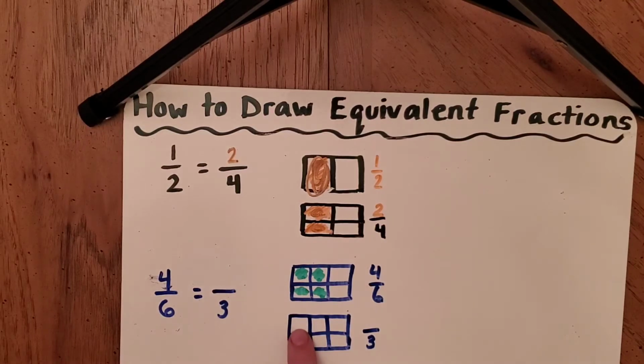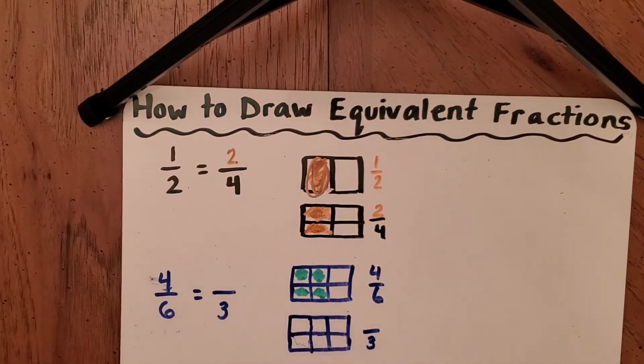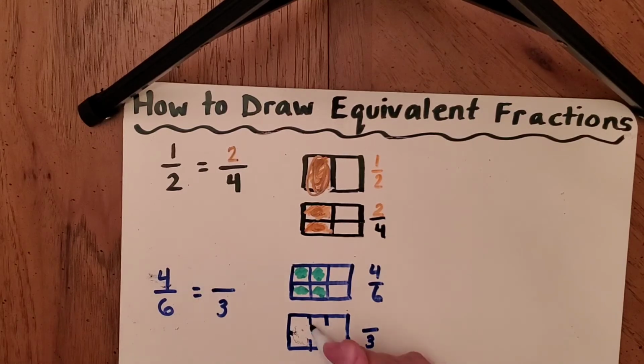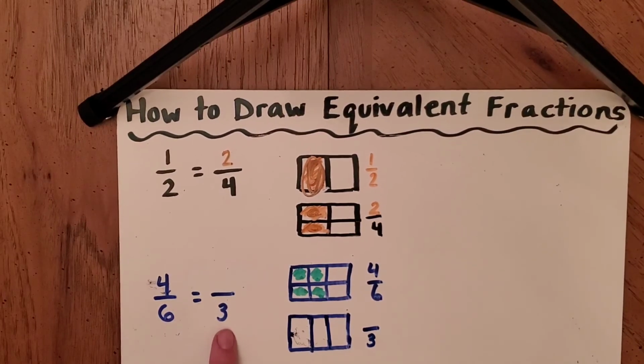parts? Well, if I take away this one, I don't have 3 equal parts. If I take away this one, I still don't have equal parts. So I kind of have to just play around with it and think to myself, what could I get rid of? Can you see it yet? Yep. If I take away this line that goes sideways, now my figure only has 3 equal parts. Now I still have to figure out how many thirds are equivalent to 4/6.